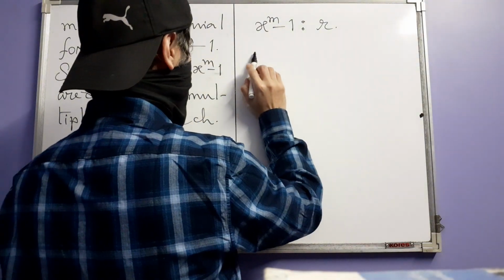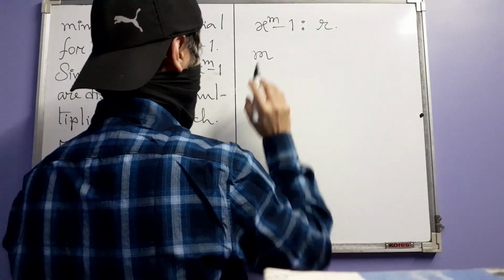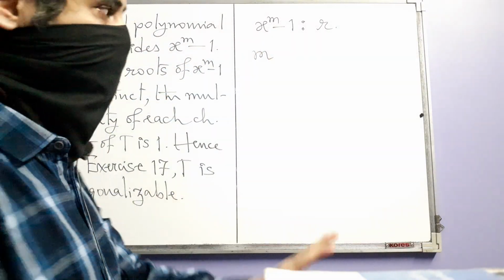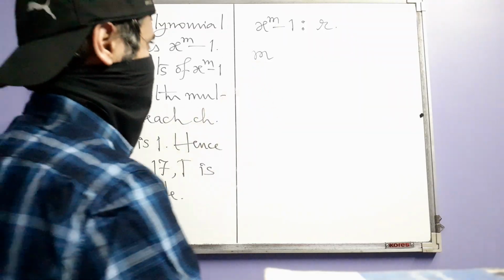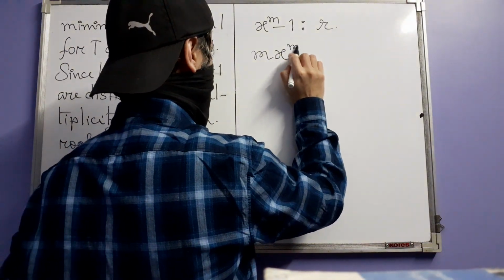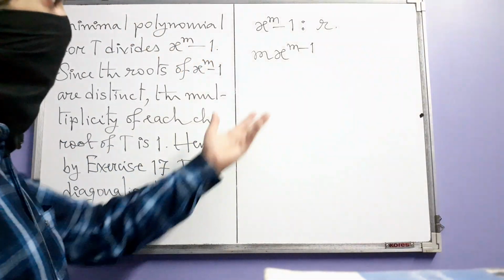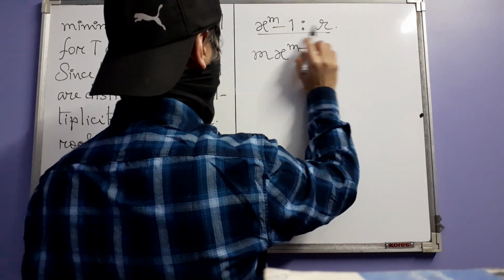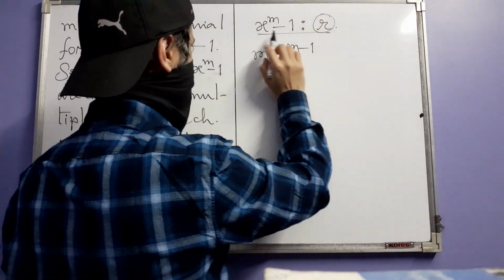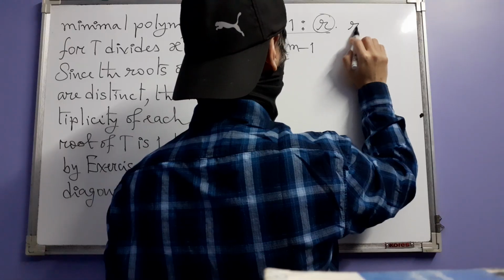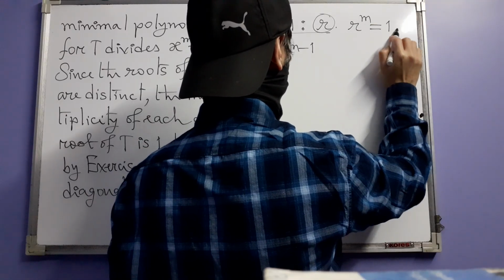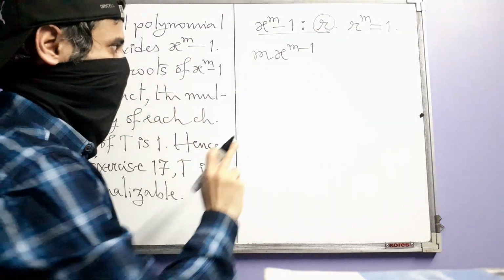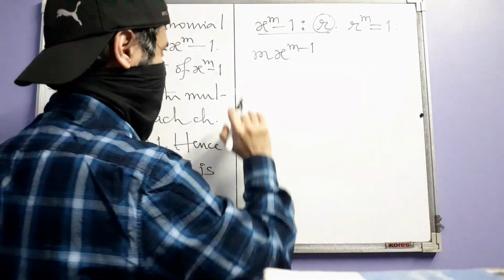Now, what is the derivative of this polynomial? We see that in spite of dealing with a general polynomial over any type of field, the derivative still continues to be the one that we know from calculus, because that's how the derivative was defined in fact. Now, from this, by substituting x equal to r here, what do we get? We get this. Because this polynomial should be satisfied by r, but the derivative should also be satisfied by r.